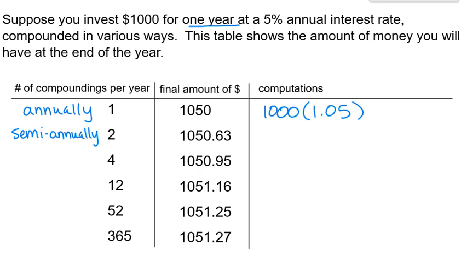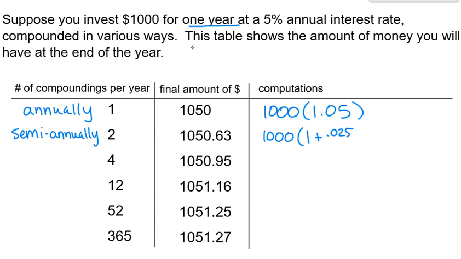What happens is you take your $1,000 and you don't get 5% at the end of 6 months and 5% again at the end of 6 months. You get half of that, so 2.5% at the end of 6 months, and then 2.5% again at the end of 6 months. 2.5% as a decimal would be 0.025.